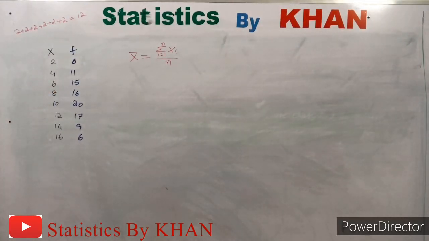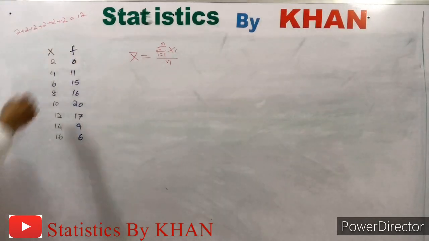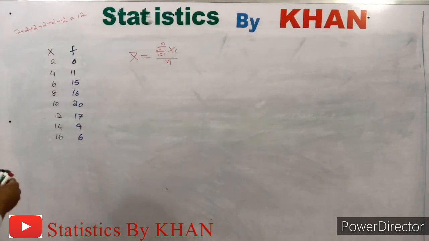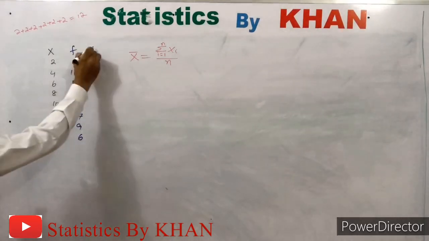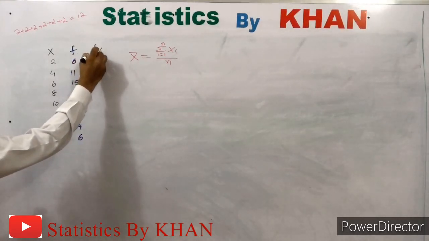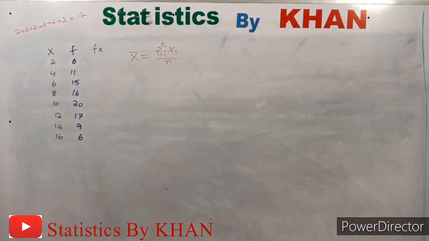So instead of doing this lengthy process, we will simply multiply x with the corresponding frequency. So this will become fx.